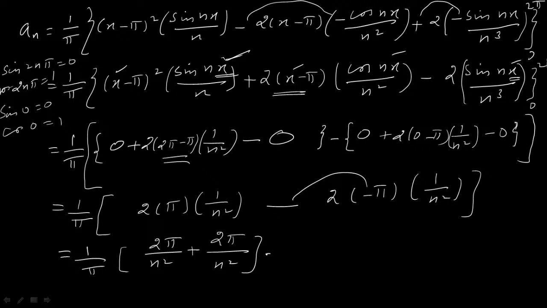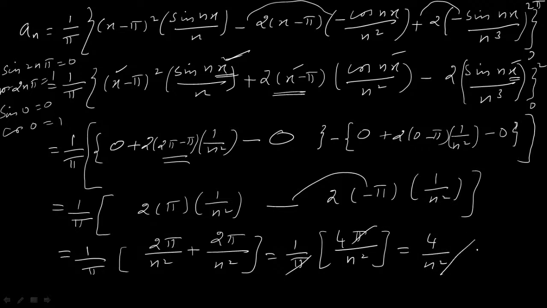So you have 1 by pi of 4 pi by n square. So one of the pi being cancelled, so you get only 4 divided by n square. So this is your an. So an is equal to 4 by n square. Okay.